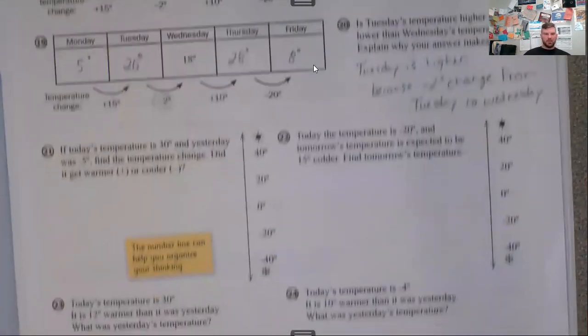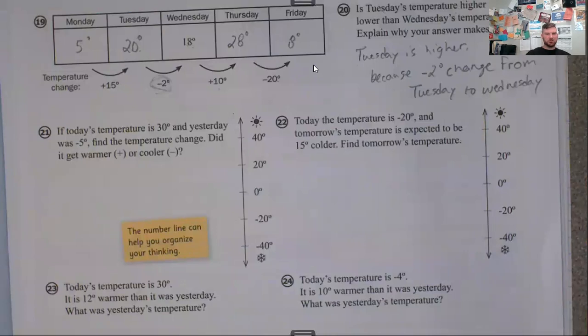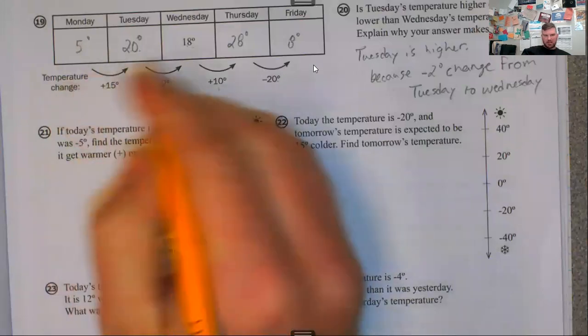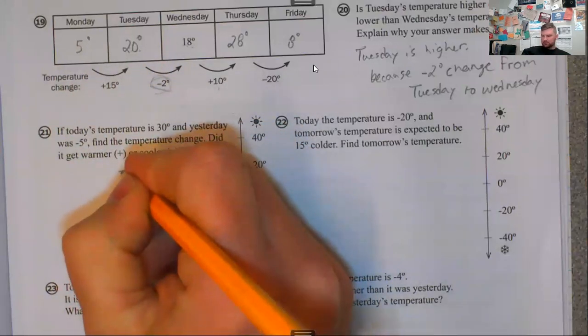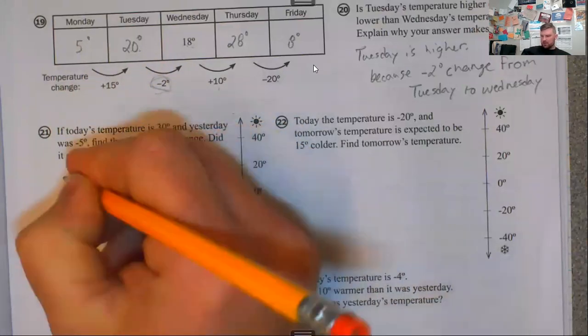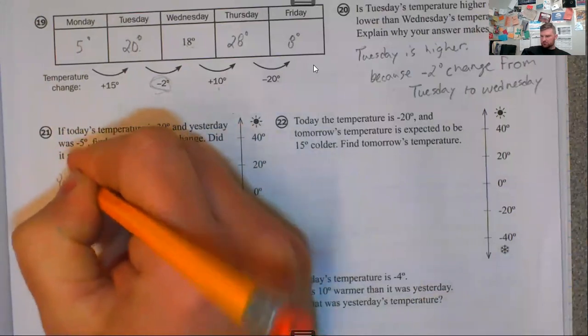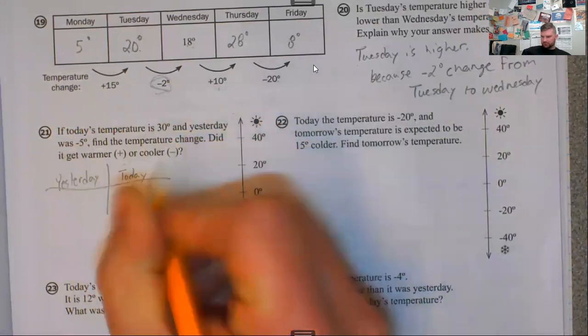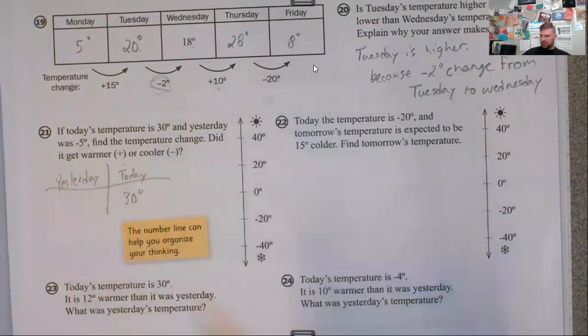21. If today's temperature is 30 and yesterday's was negative 5, find the temperature change. Did it get warmer or cooler? Okay, so I'm going to make a little table, kind of like they did. So today is 30 degrees.